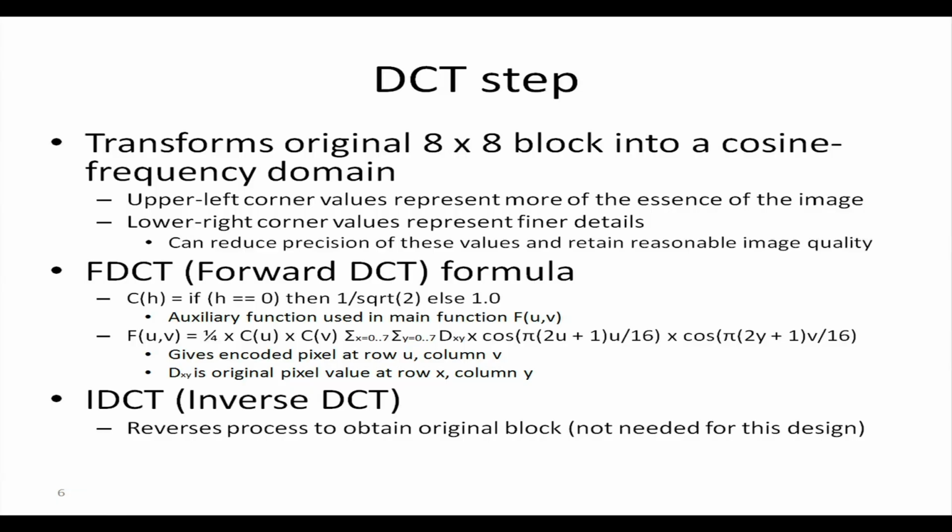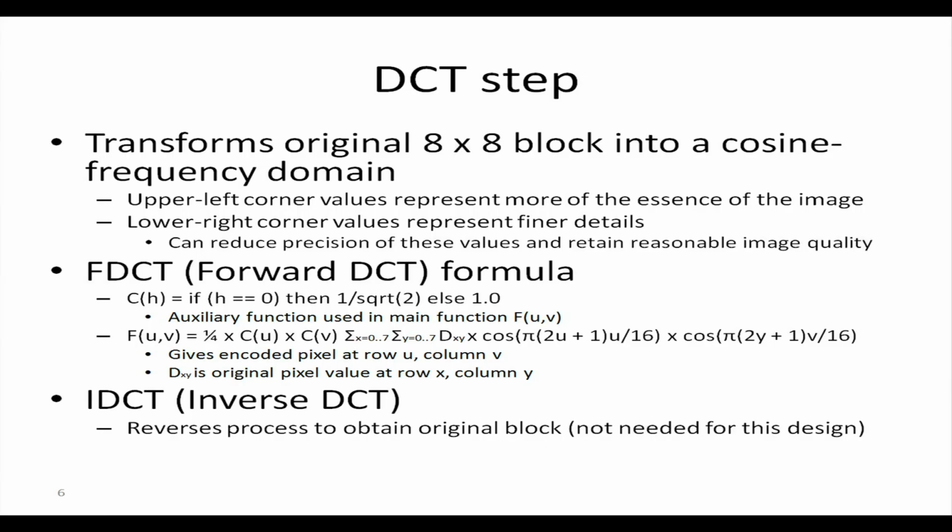So, let us start with the discrete cosine transform step. I am not going into the details of the discrete cosine transform, that you can get in any signal processing book, or also the book of Fahid and Gevargis explains that. I will just mention only the parts which are required for our design. We are transforming the original 8 by 8 block.